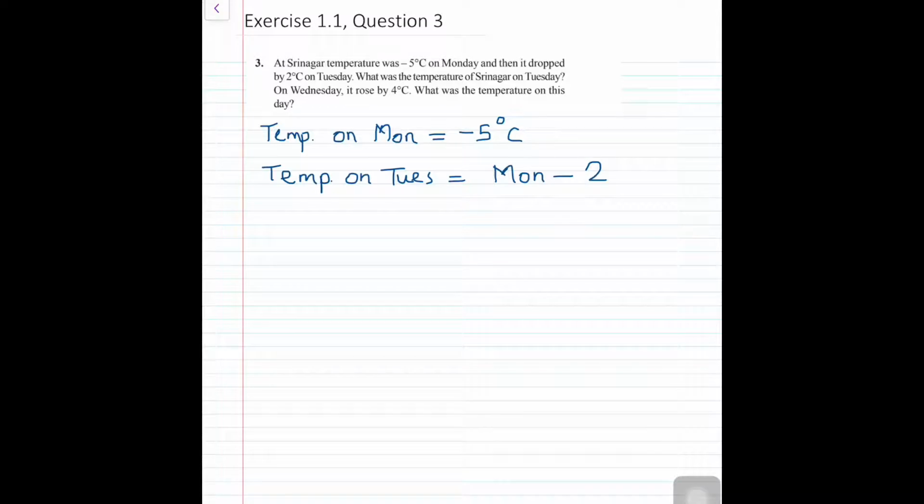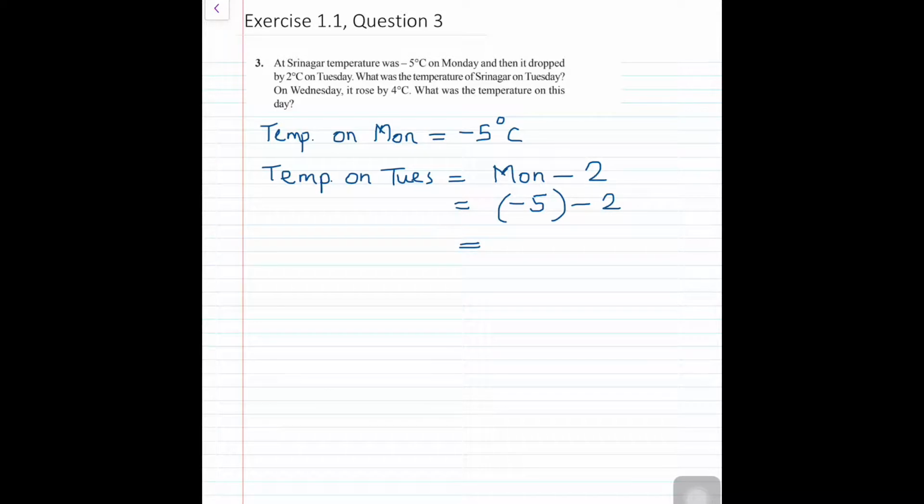minus 2. Why? Because on Tuesday it has dropped by 2 degrees Celsius, means you have to subtract 2 from Monday's temperature. So by substituting, Monday's temperature is negative 5. So I get negative 5 minus 2.